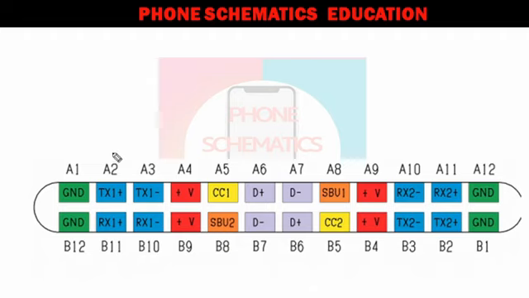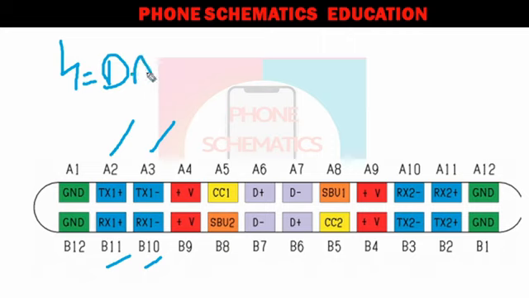Now after this you will see A2, A3, B11, B10. These 4 pins are also data pins, right? These 4 pins work in pairs. As I already told you, D plus and D minus are also called RX and TX in a micro USB port.